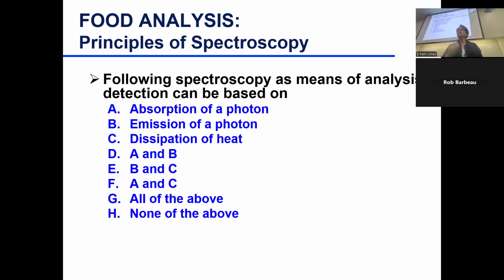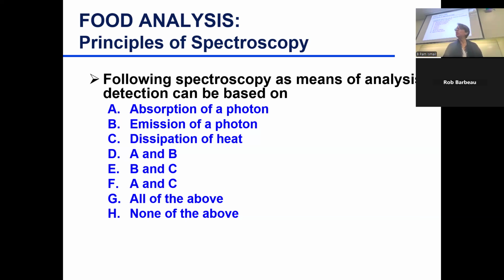Absorption of light. We did the caffeine lab and you were measuring absorption at 280 in the UV. But what about emission? Don't we do fluorescence? Fluorescence is the measurement of emission of light. So we can do absorption of light and emission of light as means of detection.